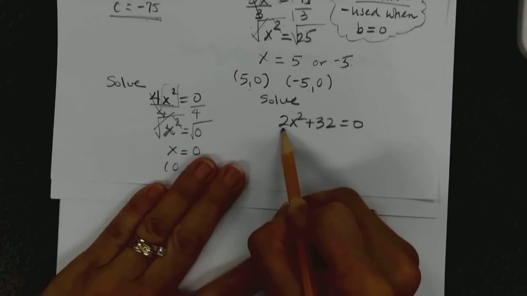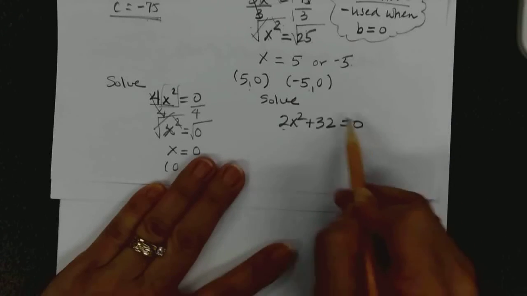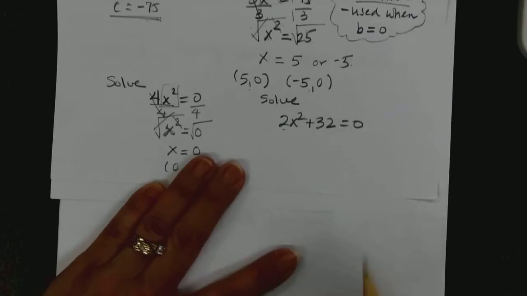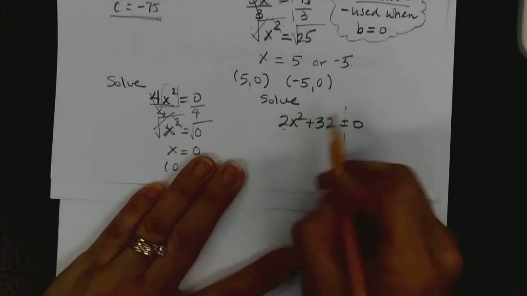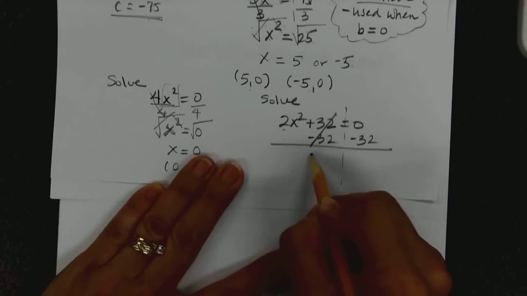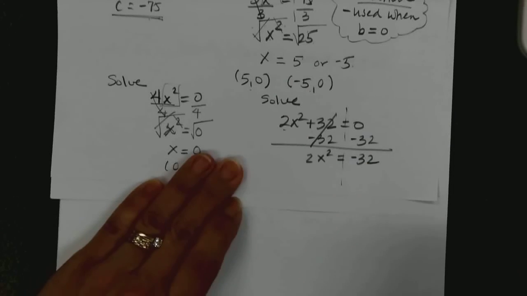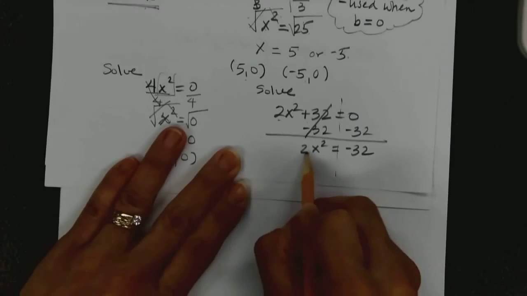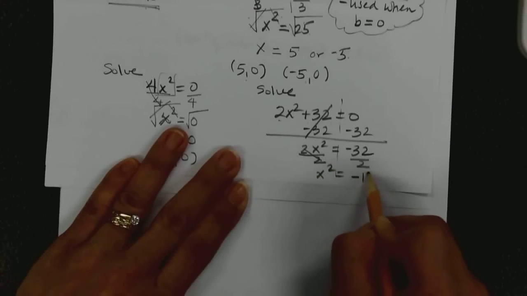Remember, A is positive, B is 0, C is positive, so this parabola is going to be above the x-axis. So let's solve. What do I do to both sides first? Minus 32. 2x squared is equal to negative 32. Now divide by 2. X squared is equal to negative 16.